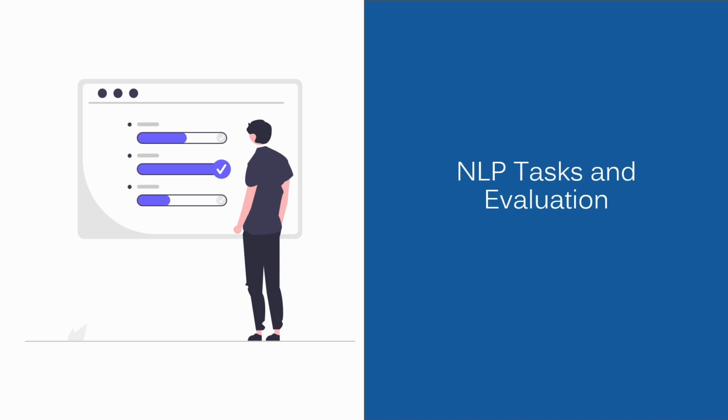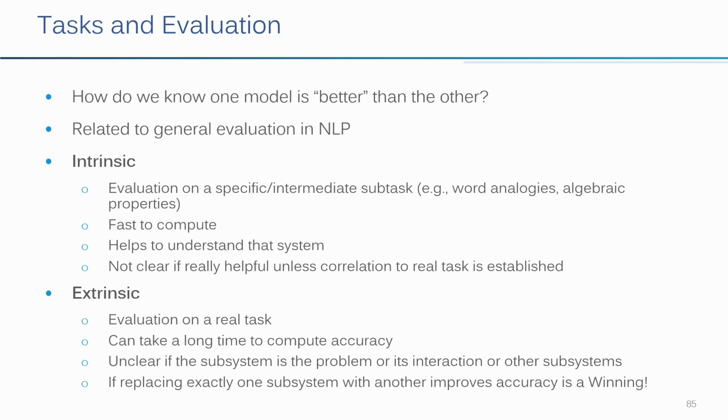Okay? So let's move on to some tasks and evaluation. I think we briefly mentioned this when we were testing these approaches. There are two ways pretty much of doing this: intrinsic evaluation and extrinsic one.